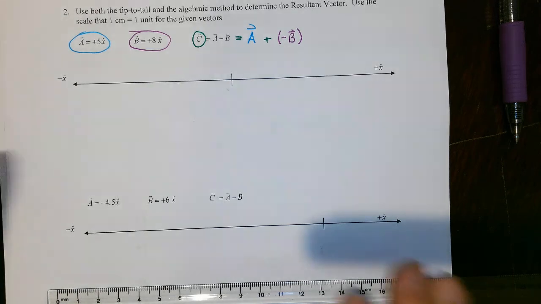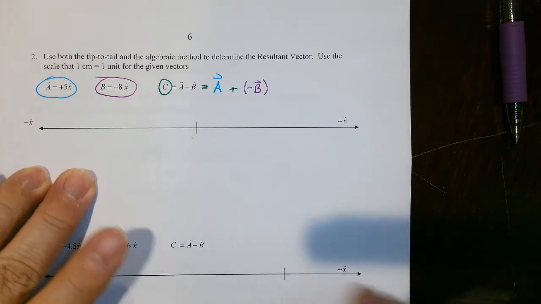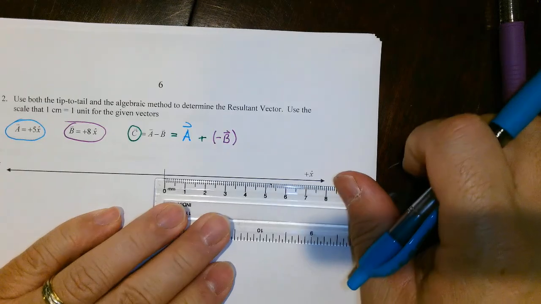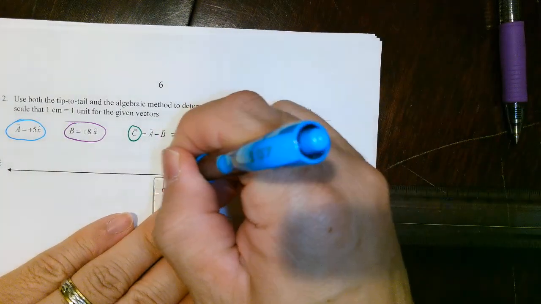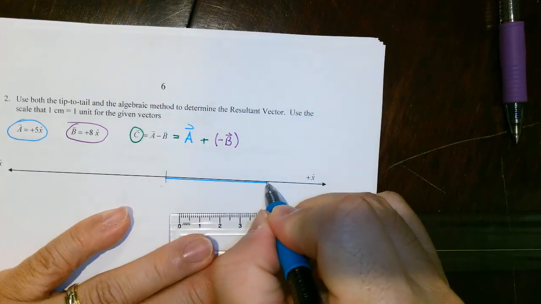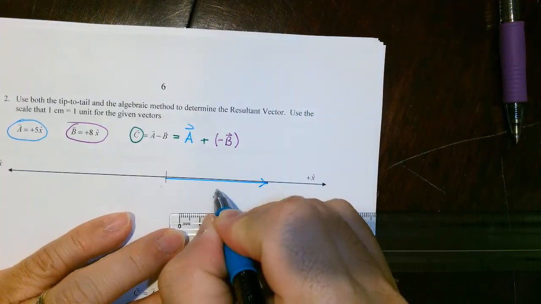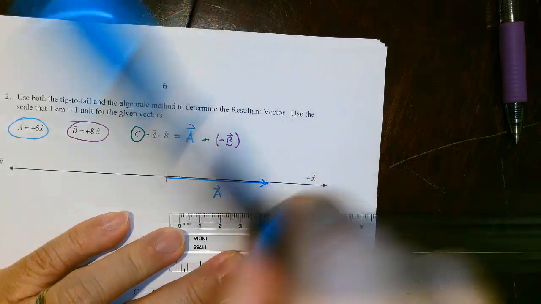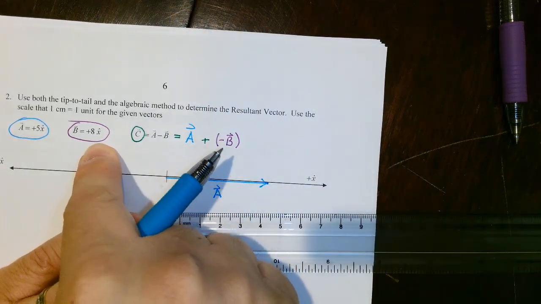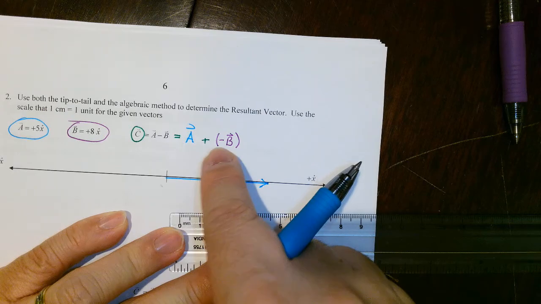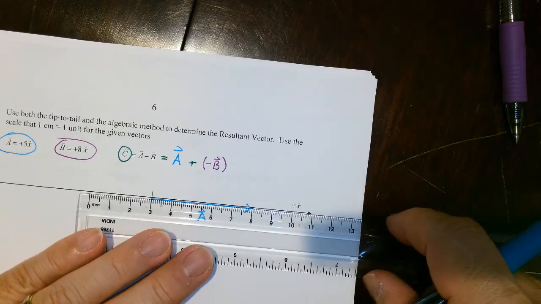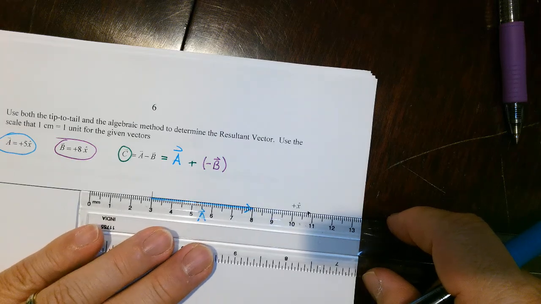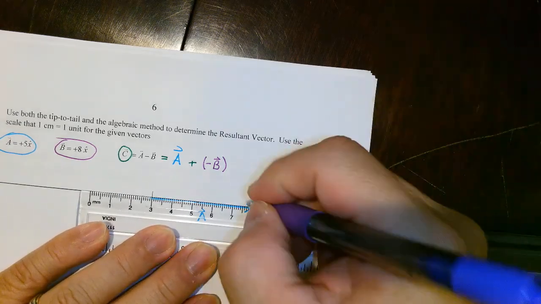So first, let's draw out 5 centimeters in the positive x direction. Alright, so we'll do that first. So here's my A vector. And my B vector is going to be 8, but I'm going to add negative B, so it's negative 8 from the tip of my A to the negative x direction, like so.